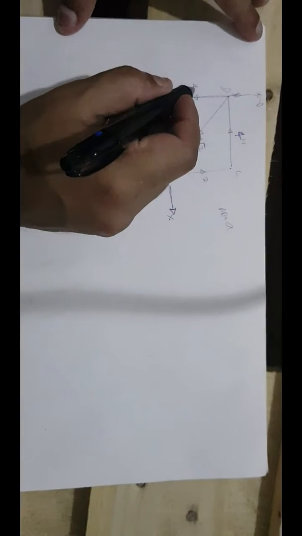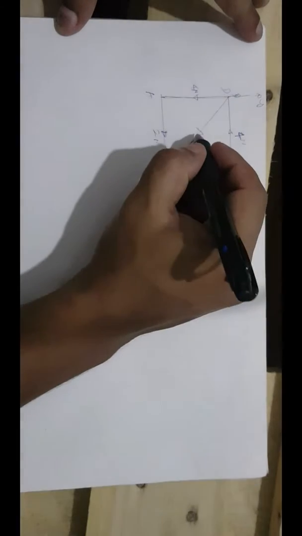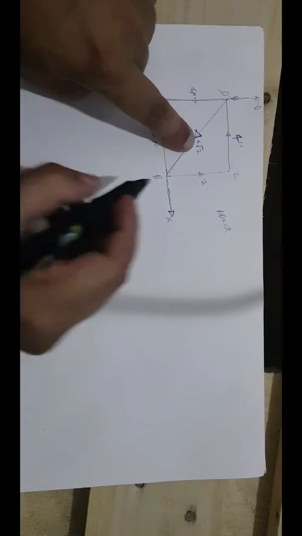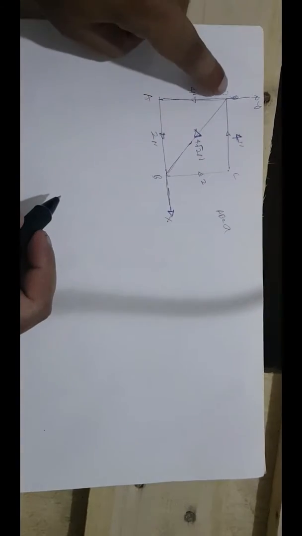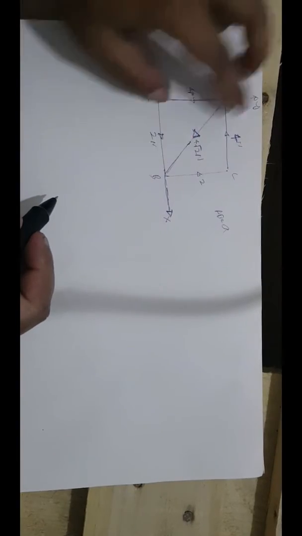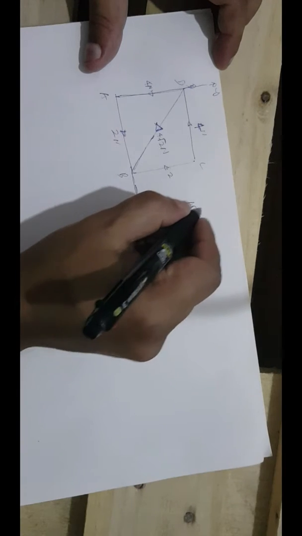And D to A, 4 newtons. In addition to that, there will be another force, 4 root 2 newtons, acting on the diagonal DB from D to B. So I'll just write down these things.